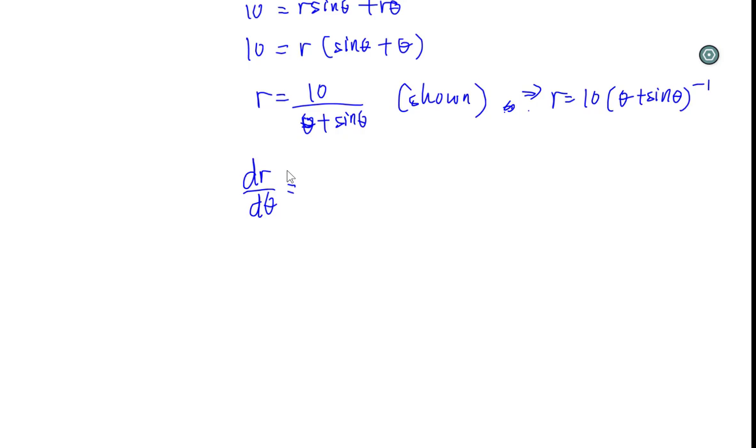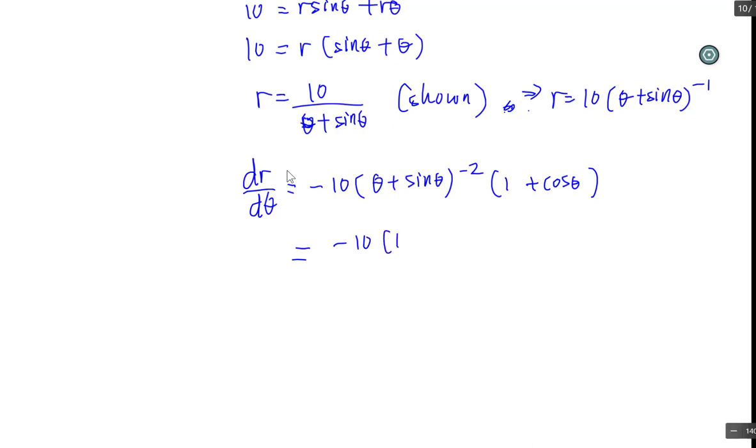Move the -1 to the front, so it's -10 times (theta plus sine theta) to the power of -2. And differentiate the inside one more time at the back. Differentiating theta gives 1, differentiating sine theta gives cos theta. So if I rewrite it, it is -10 times (1 plus cos theta) over (theta plus sine theta) to the power of 2.